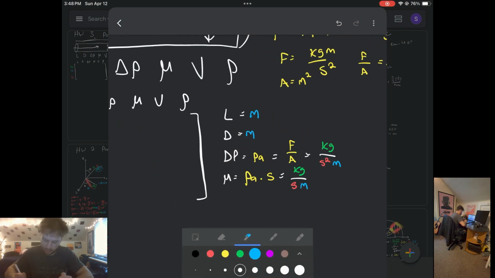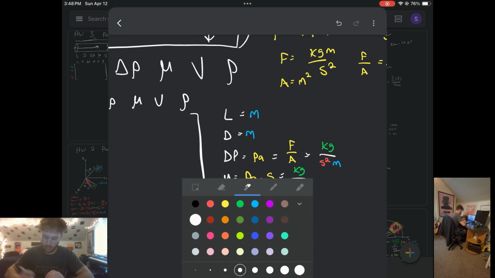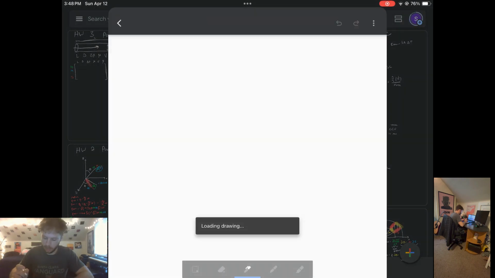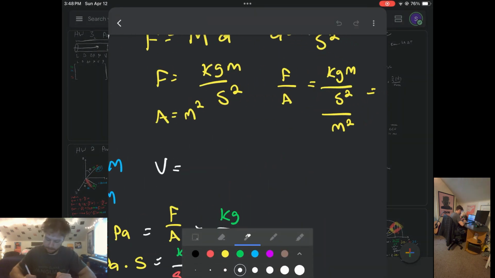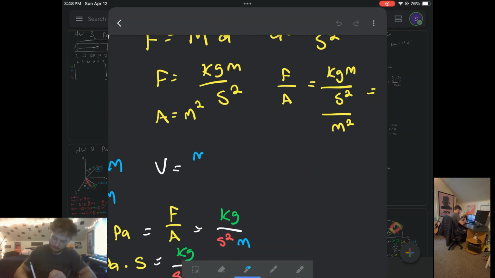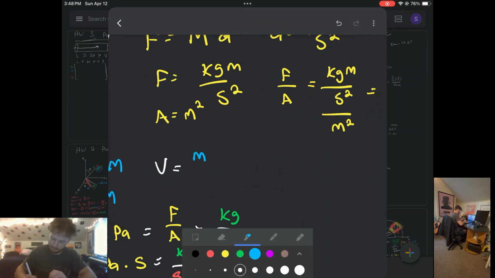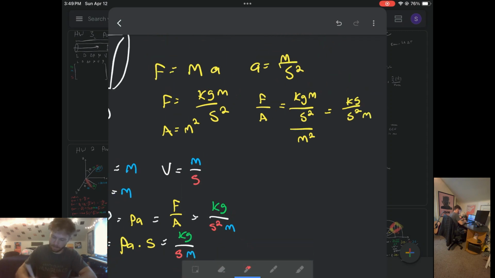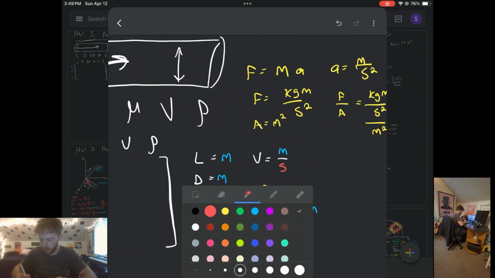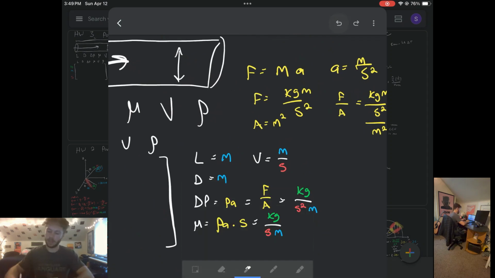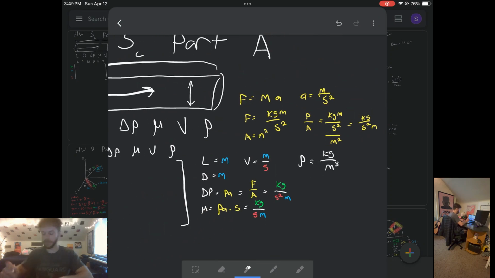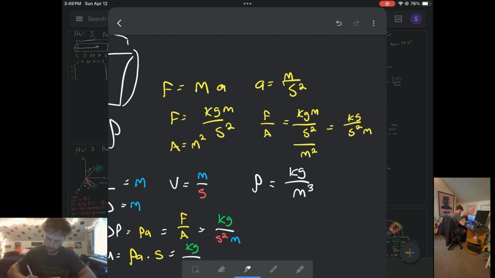Okay, our velocity is just in meters per second. And then finally, our density we know is our mass over volume, which is kilograms per meters cubed.